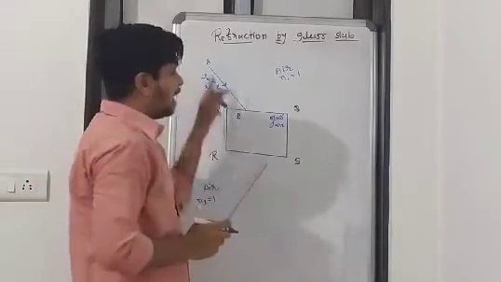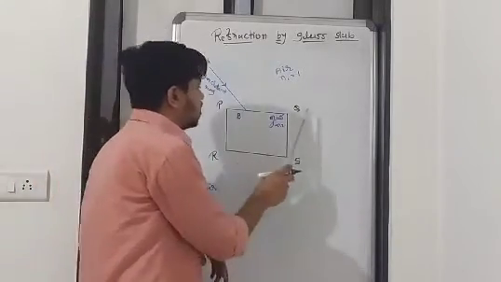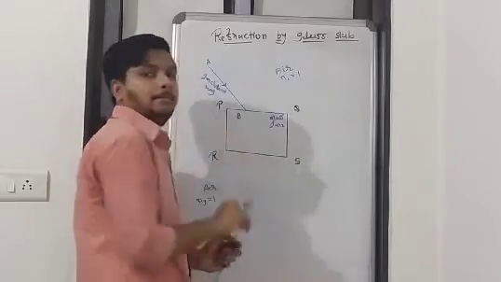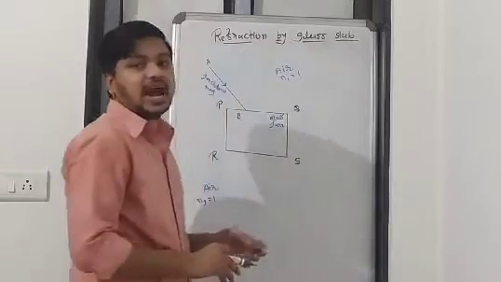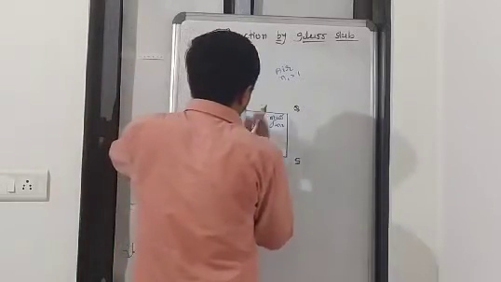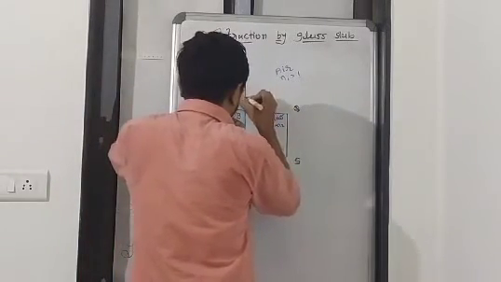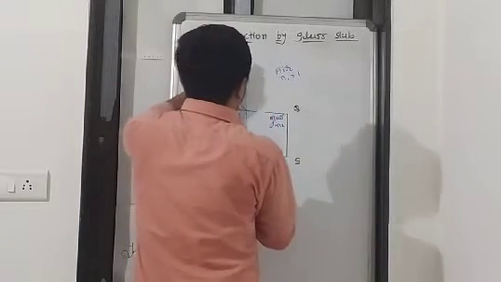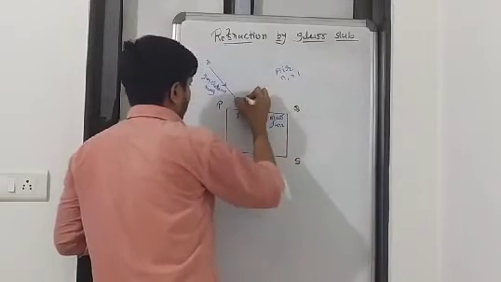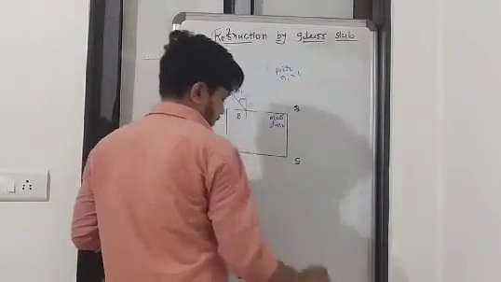The ray is AB, which is incident on surface PQ at point B, making angle of incidence theta 1. So here it is the normal, and this makes an angle theta.